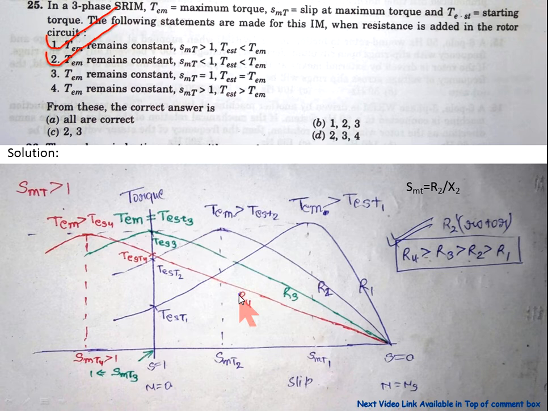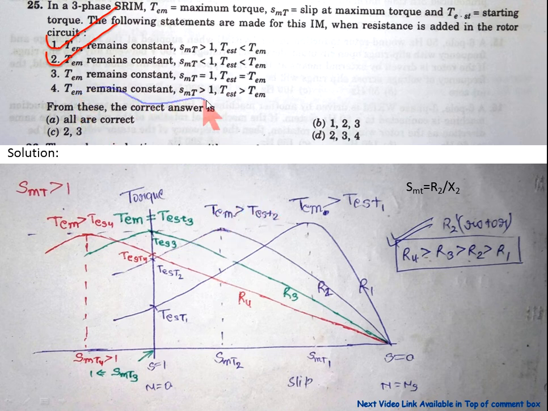Now if SMT is less than 1, this is the region. In this region the starting torque is less than the maximum torque, so it is also correct.